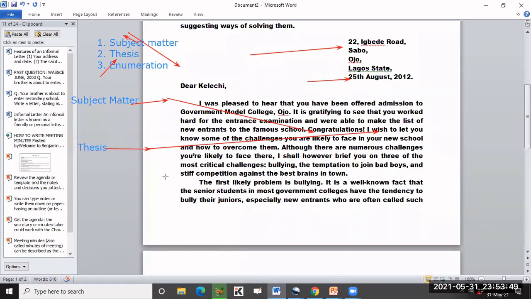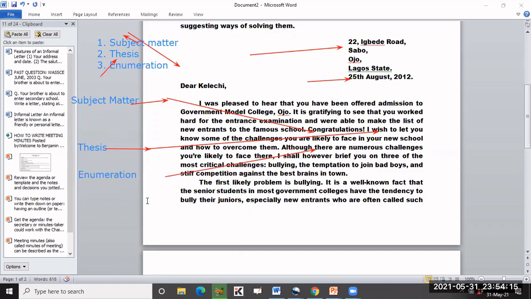Now, what is enumeration? You can see our enumeration here. All right. You can see our enumeration there. Now, enumeration is the list.